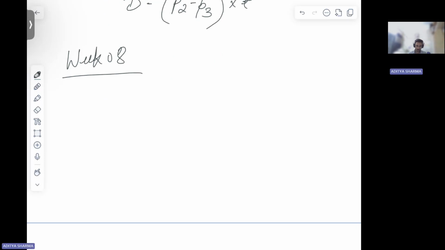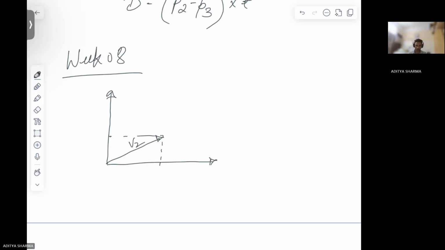So shock polar basically discusses your velocity components, the X and Y components.